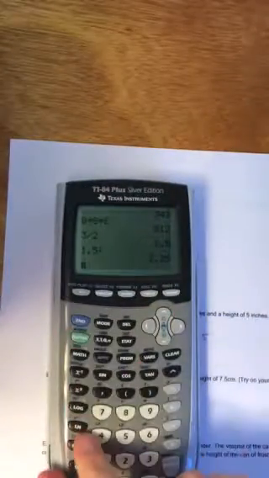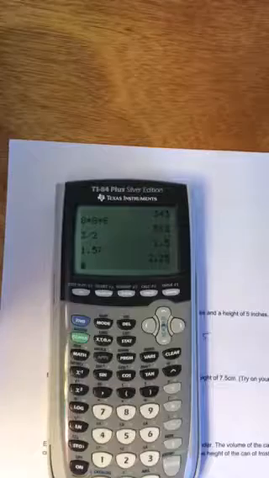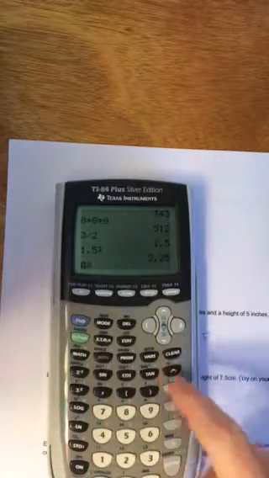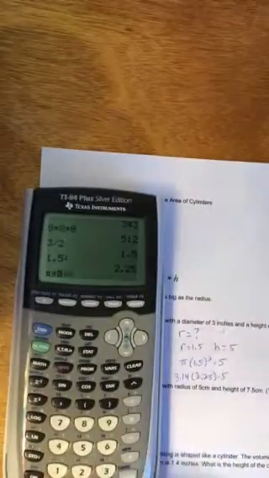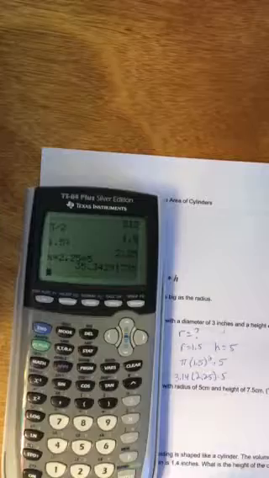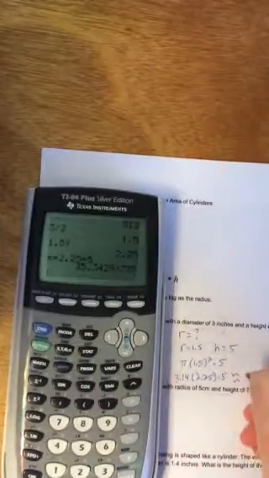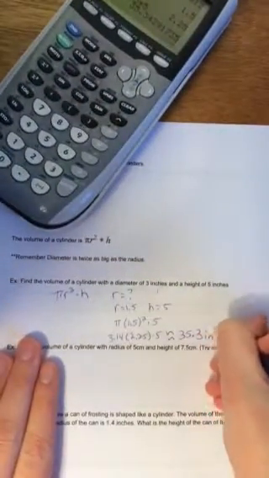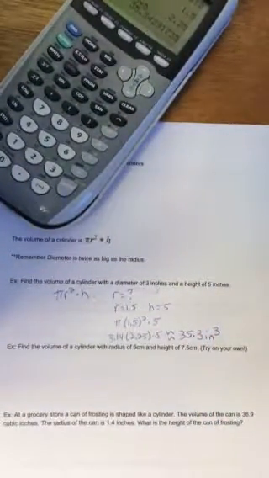Now I'm going to use my pi button simply because I like my pi button, and it gives you a more exact answer. Times 2.25 times 5. So this is approximately 35.3, and now it's volume, so it's inches cubed.